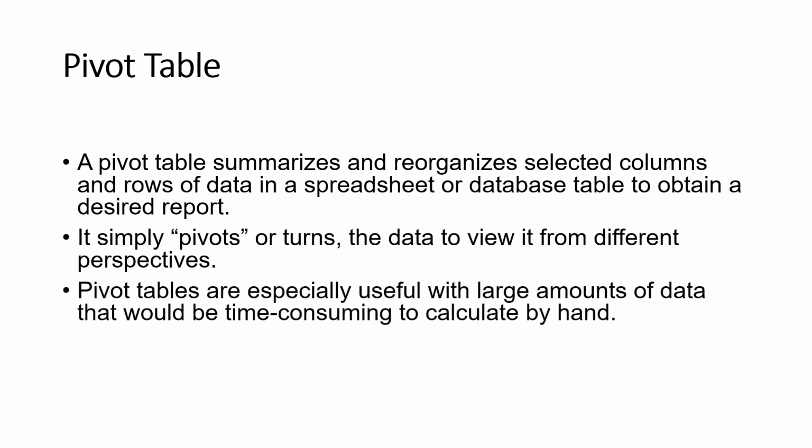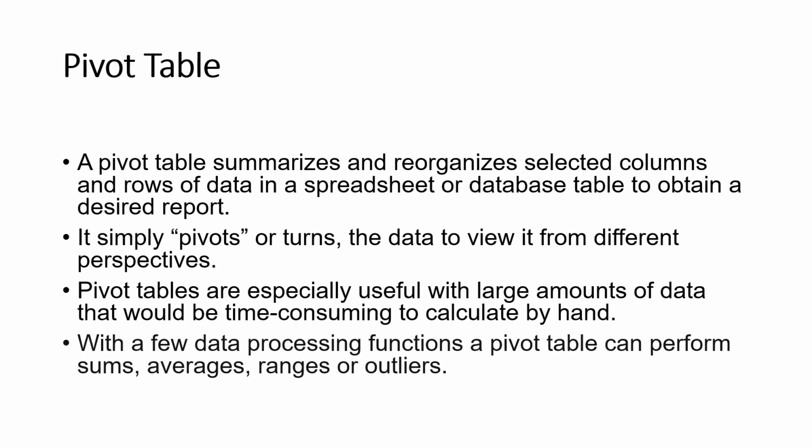Pivot tables are especially useful for large sets of data where manual arrangement is troublesome. With a few data processing functions, a pivot table can perform summation, averaging, percentage, range, minimum, maximum. All these functions can be system defined or user defined.